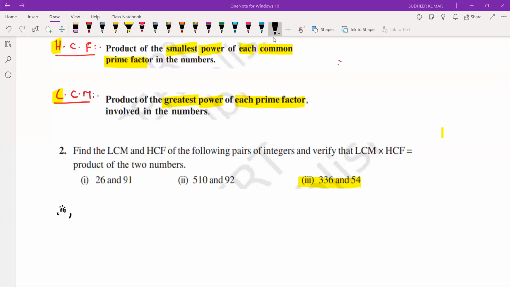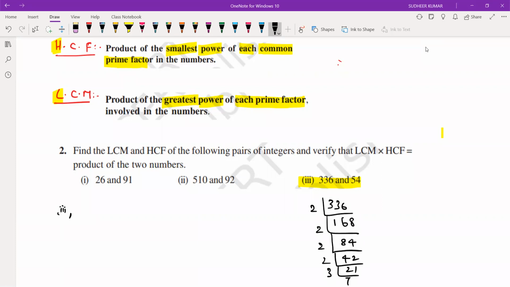So 336. Find the prime factors. 2 ones are 2, then 2 sixes, 2 twenty-fours... 336 is 2 times 168, 2 times 84, 2 times 42, 2 times 21, then 3 times 7.